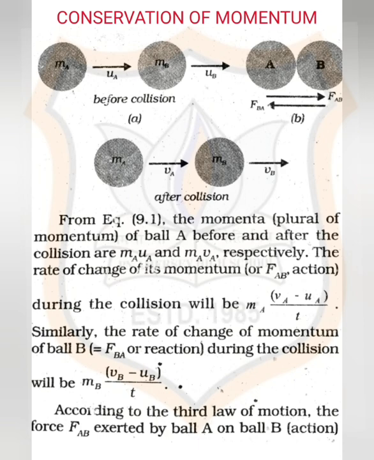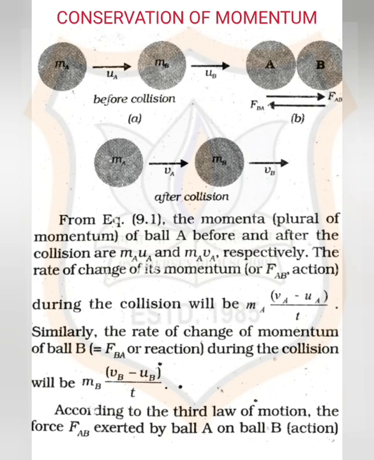Now from equation 9.1, we know that force is equal to the rate of change of momentum. The momentum of ball A before and after the collision is MAUA and MAVA respectively.